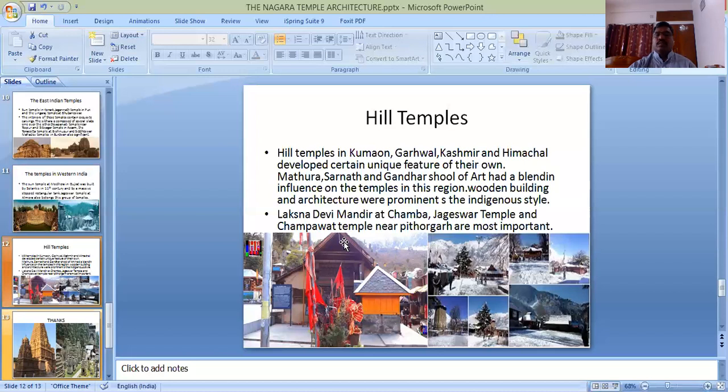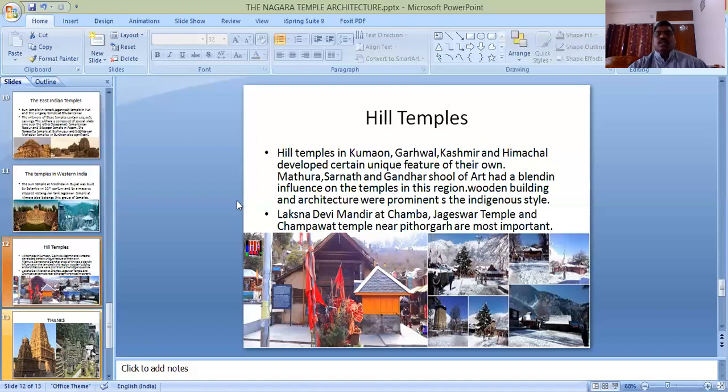So the hill temples, especially in the hill region, were constructed in the indigenous style with maximum wooden building architecture.